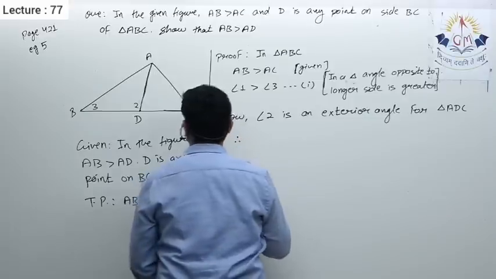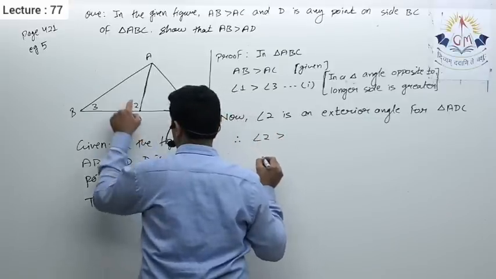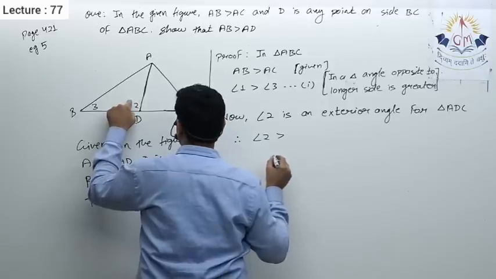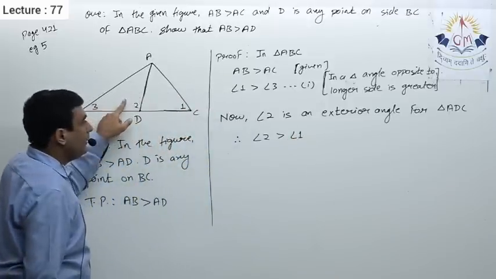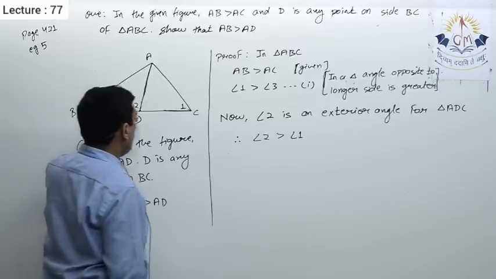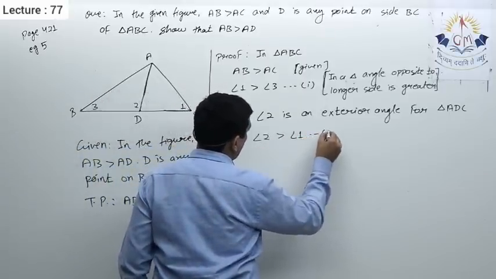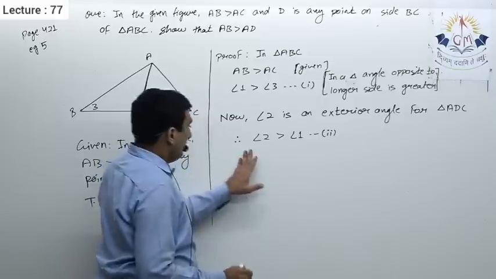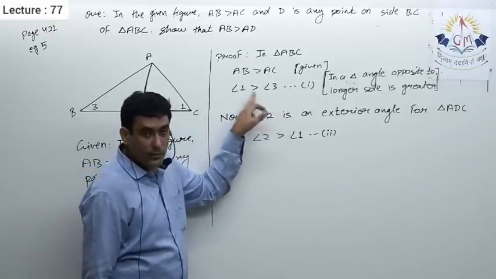Therefore I can write angle 2 is greater than angle 1. Okay, 2 is an exterior angle for the triangle, so angle 2 is greater than angle 1. This is the second reason.